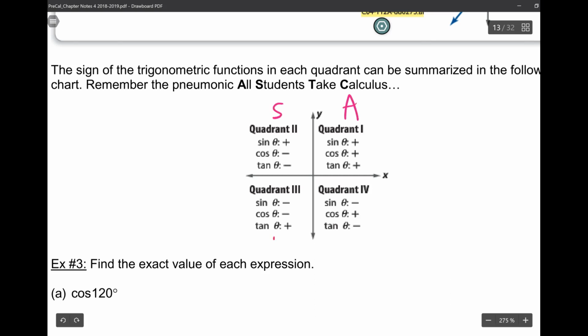All students take calculus. In the first quadrant, all of them are positive. In the second, sine's positive. Third quadrant, tangent's positive. Fourth quadrant, cosine's positive. So that tells you what's positive in each quadrant. All right, let's do this.